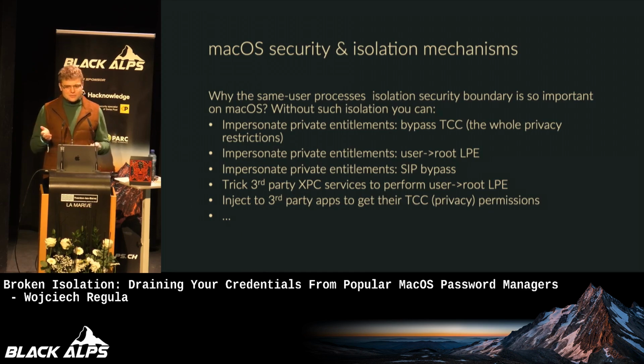If you use any Apple products, you are probably used to the prompt, right? An application wants to get access to your camera. An application wants to get access to your desktop, your address book, your location, photos, etc. TCC is now a really large mechanism. And the idea behind it is that even if you have root on your machine, you should not be able to bypass this prompt. Apple wants to make sure that the user deliberately clicks OK, I give this application permission to access the camera. This is the idea.